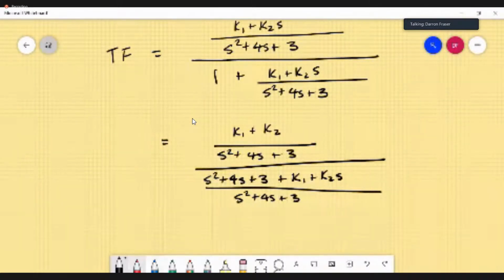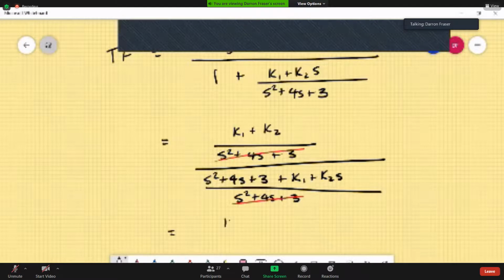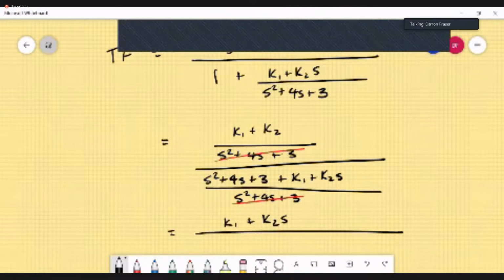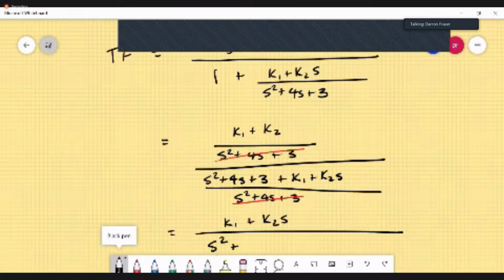So these cancel, and our transfer function is K1 plus K2S over S squared, and then we're going to put K1 and K2, so that is going K2S plus 4S, so that is 4 plus K2S, and then 3 plus K1.